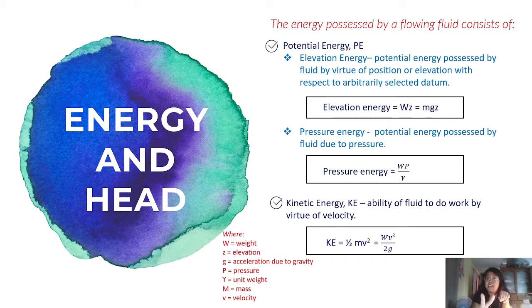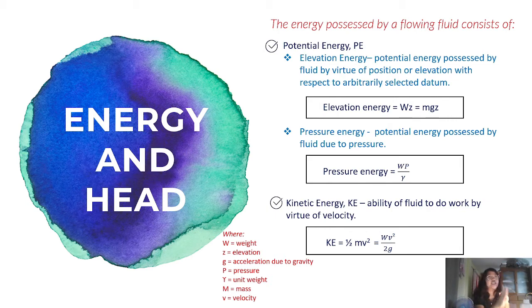Potential and kinetic, right? Potential energy means the body is not yet moving, at rest or as is. But if it is acted upon by an external force and gets moved, it becomes kinetic energy.